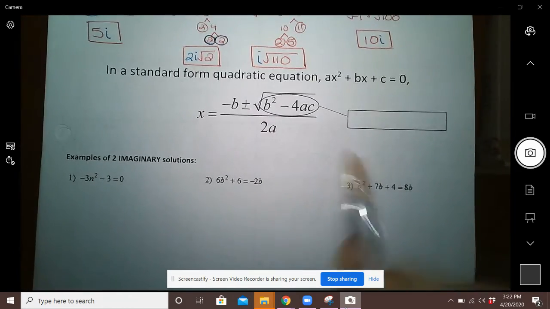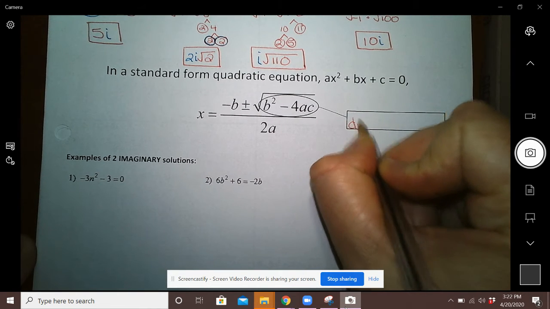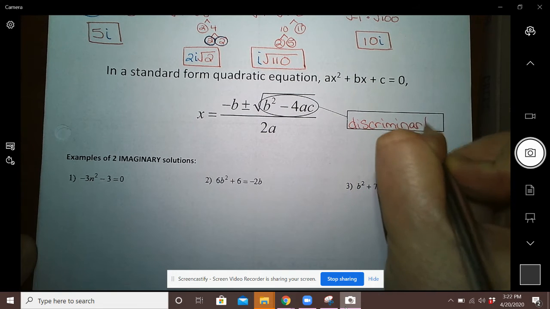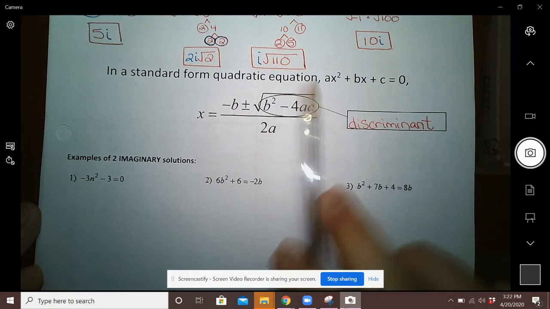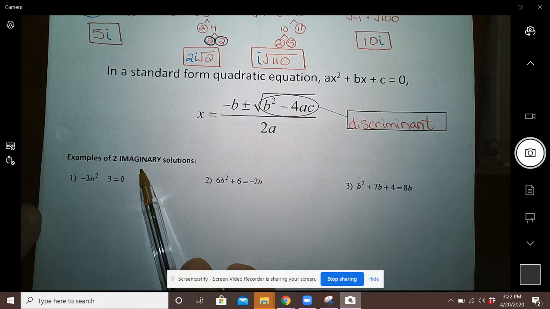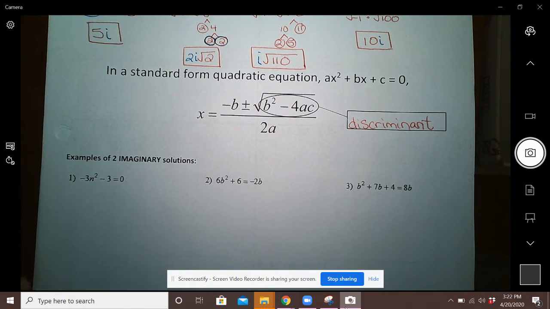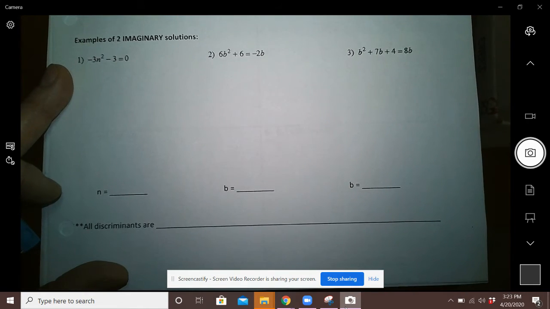This whole time we've been talking about a very special part of the formula called the discriminant. And the discriminant really is in charge of what types of solution and how many solutions we have. So this time I think you can already guess what our discriminant is going to be if we're going to come up with imaginary solutions. Our discriminants are going to be negative numbers. So let's get started on some examples.